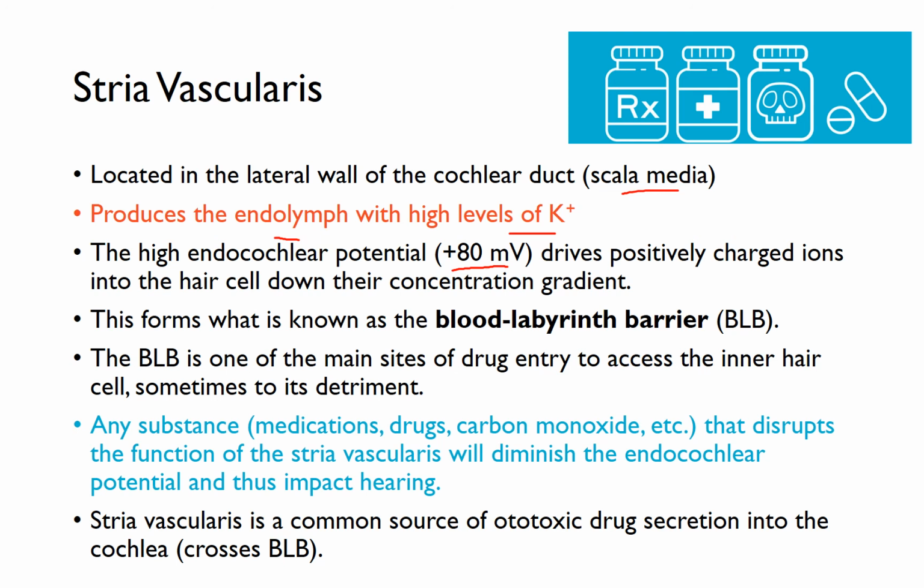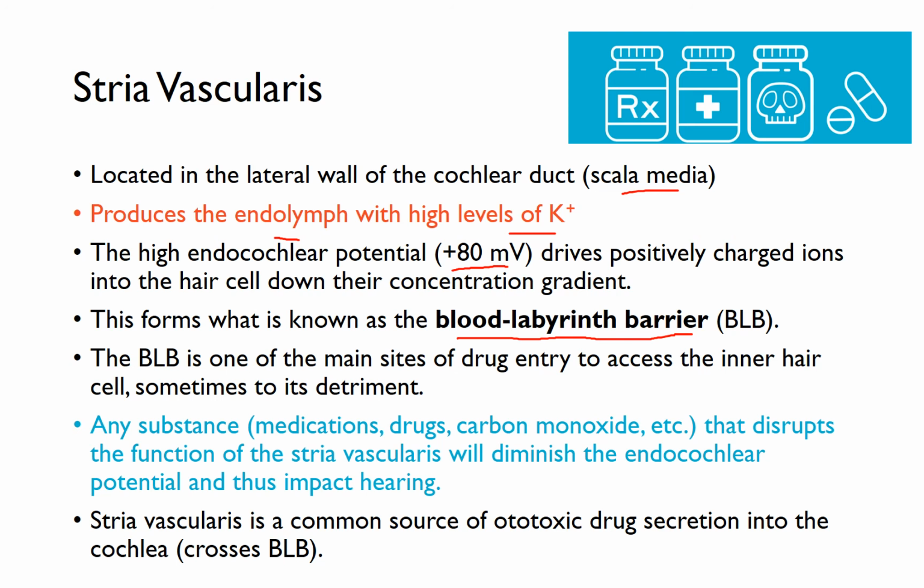This high endocochlear potential drives the flow of those positively charged ions down their concentration gradient into the stereocilia and the interior cellular compartment of the hair cells. The stria vascularis forms what we call a blood labyrinth barrier, similar to the blood-brain barrier and other blood barriers in the body. This is the cochlear labyrinth barrier.